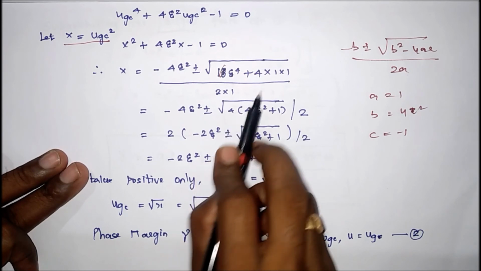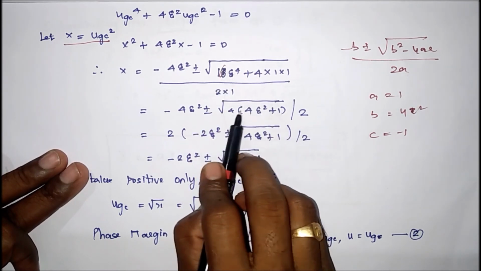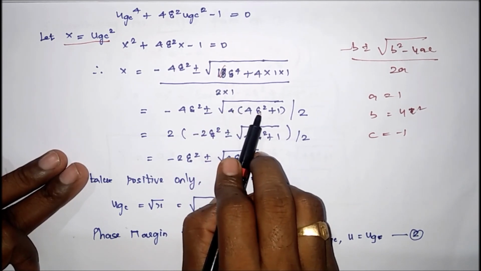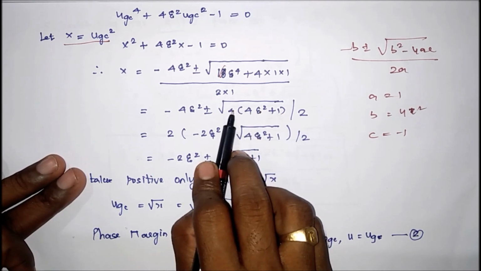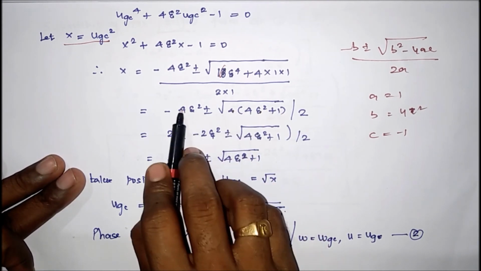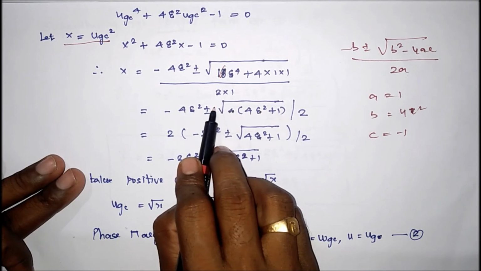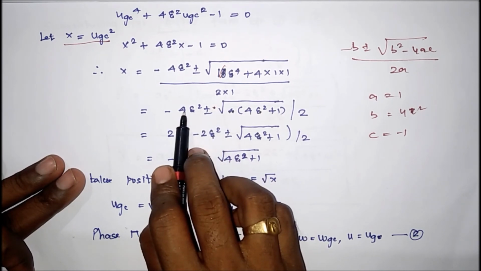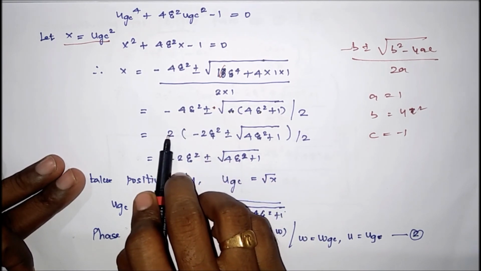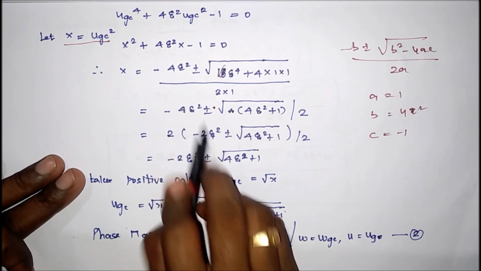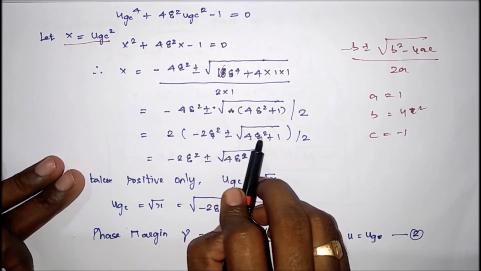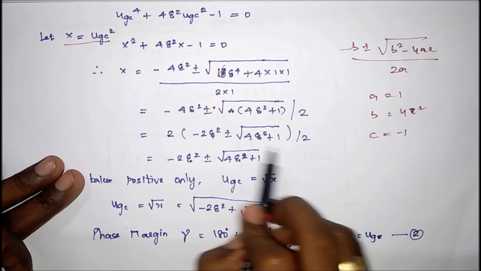Now from this, here 16, here 4, we can take 4 commonly. So inside will be this. Then this 4 we are going to take outside. Here it will become 2, so we can take 2 commonly. Inside will be minus 2 eta square plus or minus square root of 4 eta power 4 plus 1, divided by 2.